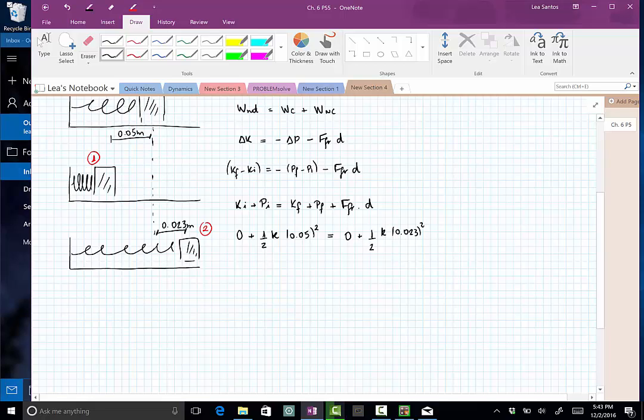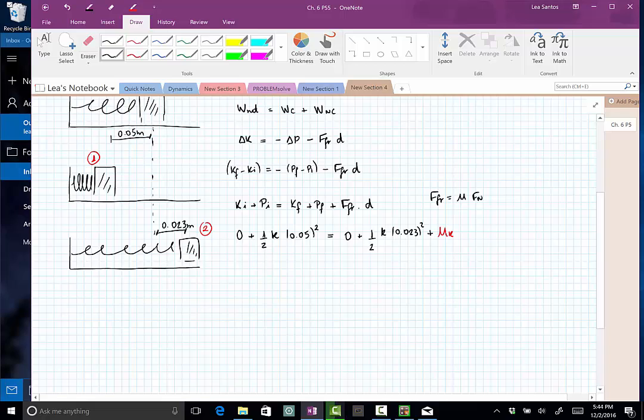Okay? Now, the friction force. What we are actually after is the coefficient of kinetic friction, right? So instead of writing the friction force, I'm going to write it as plus the coefficient that we are after, mu, times Fn. Remember, the friction force is mu Fn.